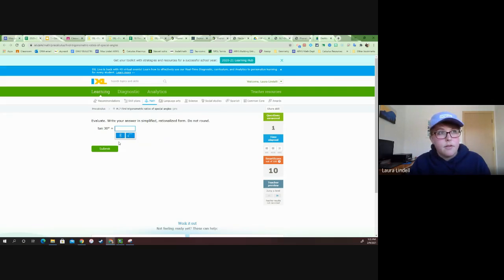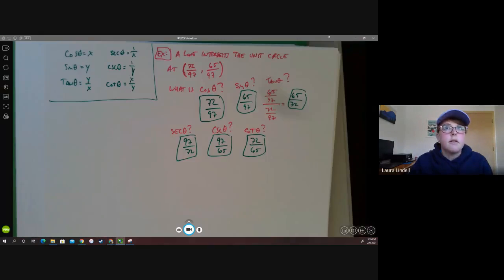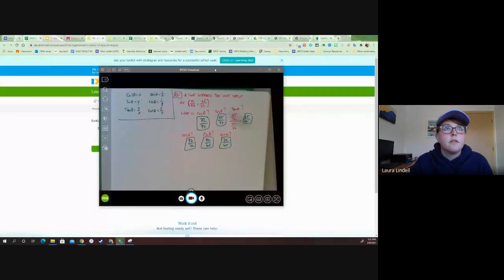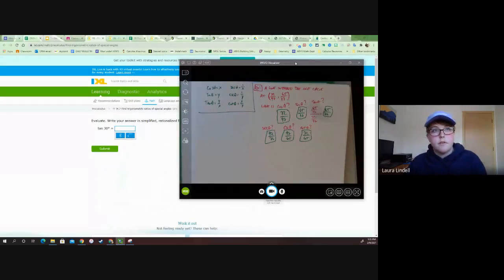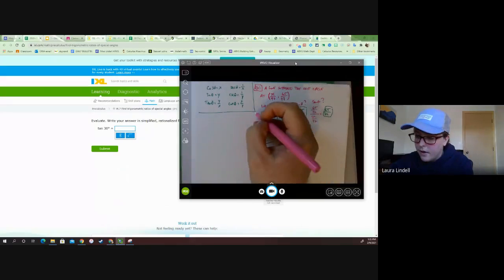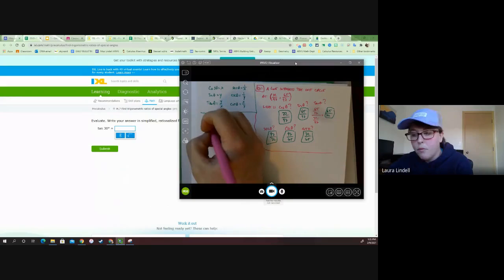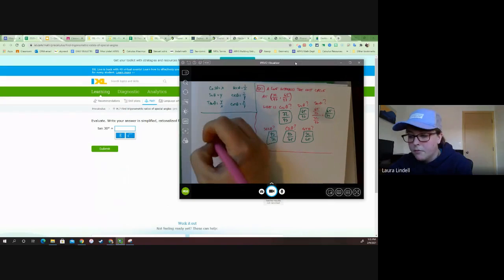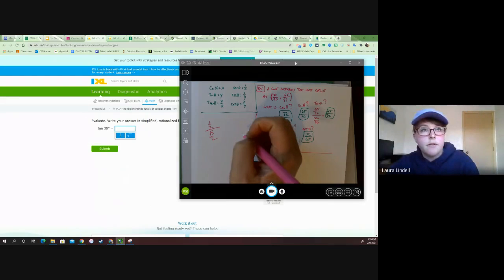Tangent of 30. So y over x. So that's 1/2 over root 3 over 2. So that's where we have to rationalize a little bit. So kind of off to the side here. 1/2 was our y value. Root 3 over 2 was our x value.